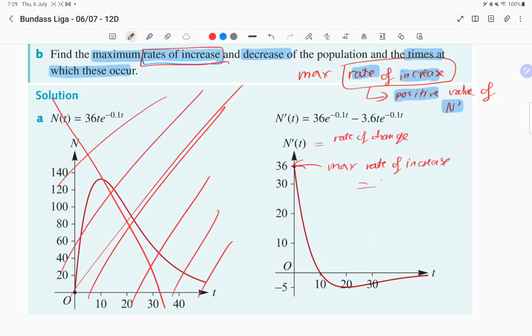That would be 36 bacteria per unit time. Now, does it make sense? Yeah, maximum rate of increase is the highest positive value of n dash.